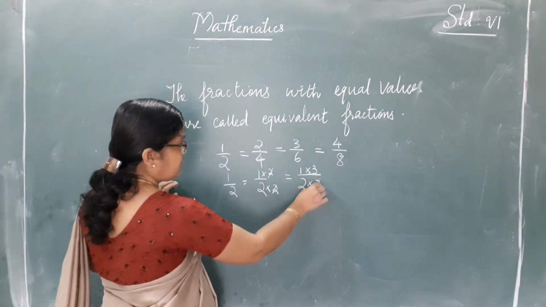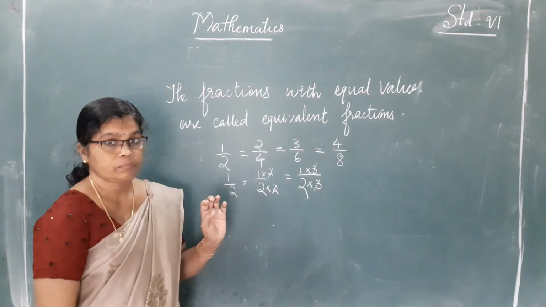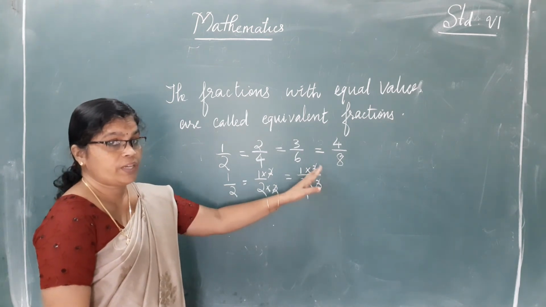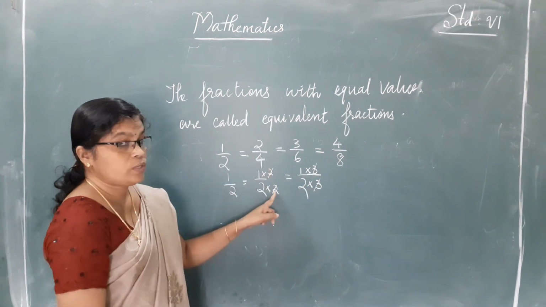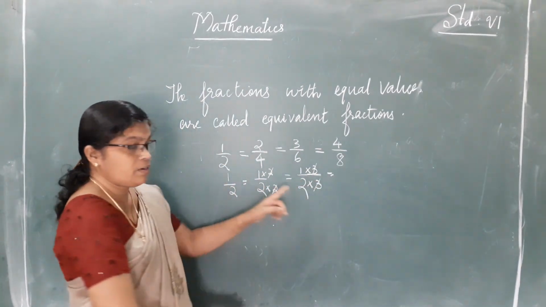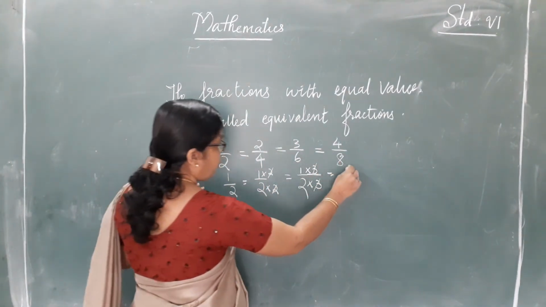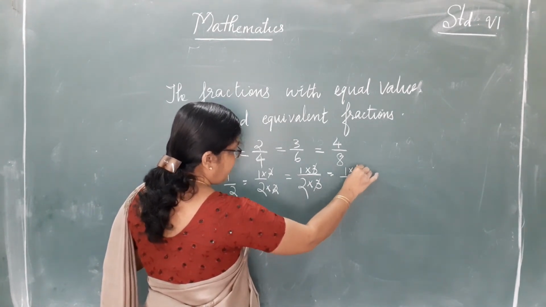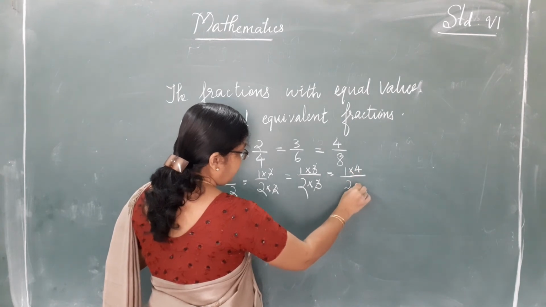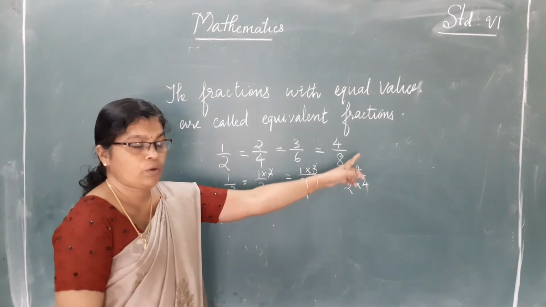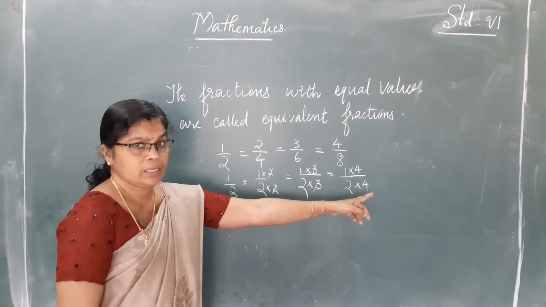So if we cancel, 3 by 3 we get 1, and here also 2 by 2 is 1. So we cancel. Then we get the fraction 1 by 2. Then you see 4 by 8 is 1 by 2 into 4 times. 1 into 4 is 4 and 2 into 4 is 8.